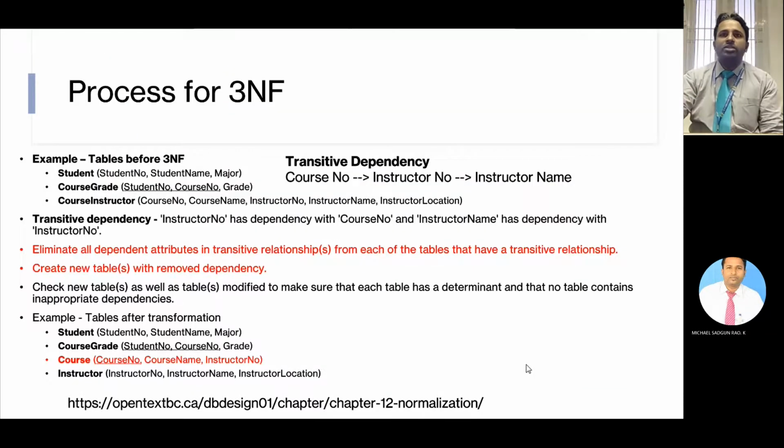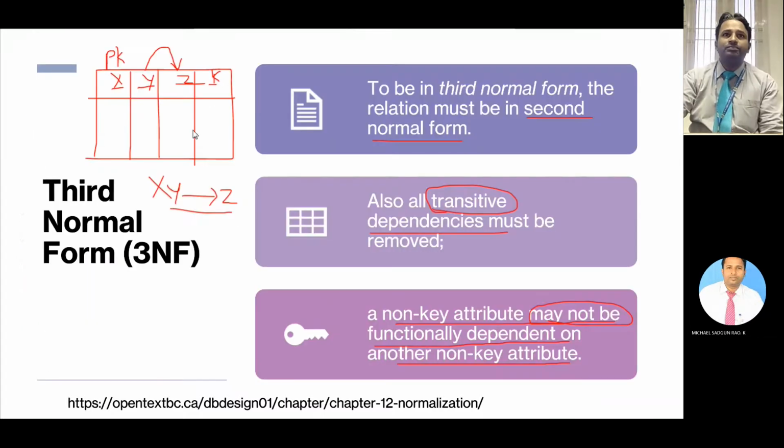That is what transitive means. Let us look into this. Generally, a PK, a key attribute, determines a non-key attribute.